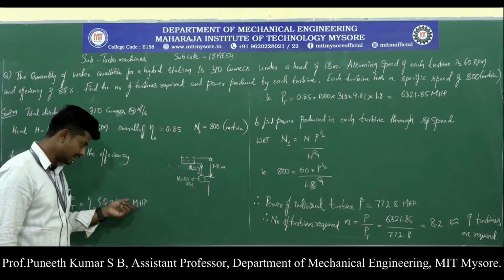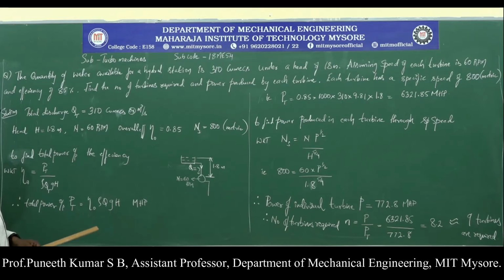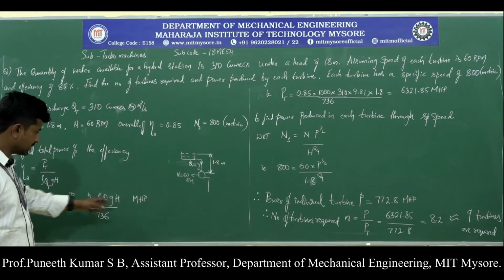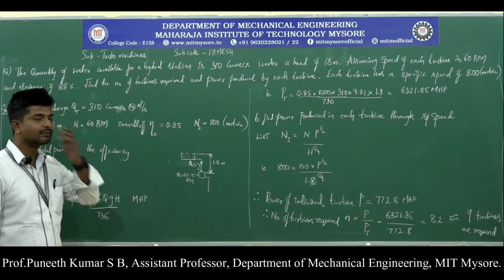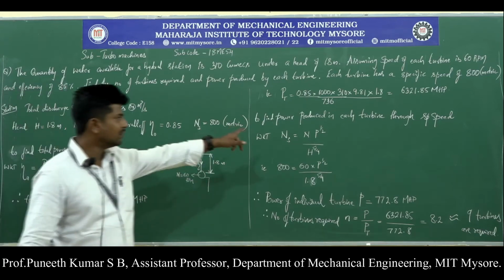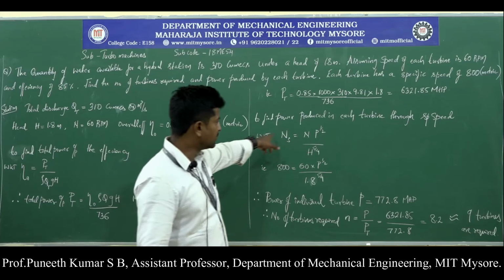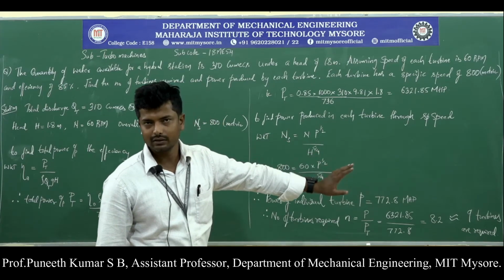I will get the total power in terms of metric horsepower. Why? Because when I find the power of the individual turbine using the specific speed formula, I will get the power in metric horsepower only.